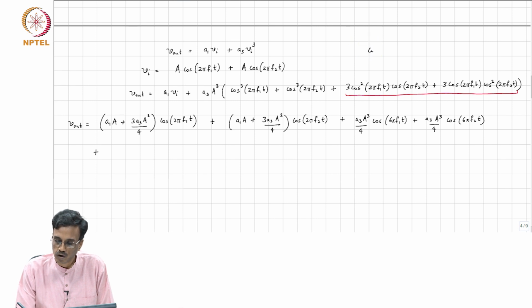So, remember that 2 cos square theta minus 1 is cos 2 theta.